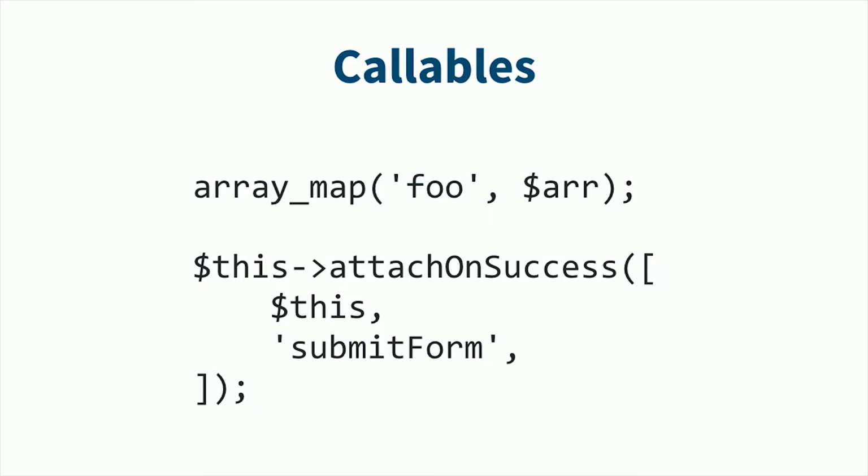But with arrays and strings, it's really hard for IDEs to find these occurrences when, for example, renaming a function or renaming a method, because you are writing strings that mean something else than just the string. So it's really hard to find those by the IDE.